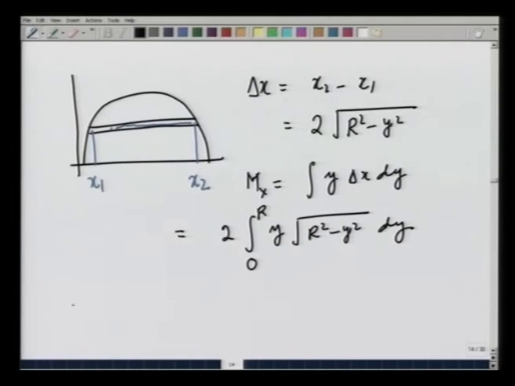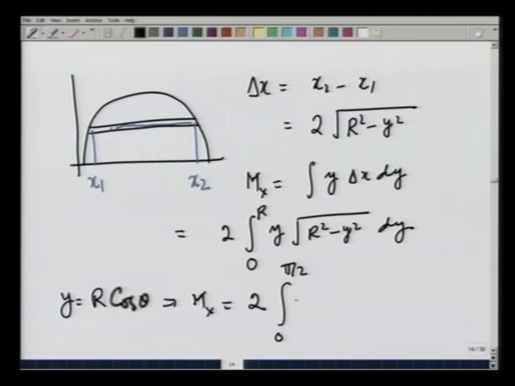Let us take y equals r cosine theta, so that m x becomes equal to 2 integration 0 to pi by 2 r cosine theta times r sin theta times dy, which is r sin theta d theta.